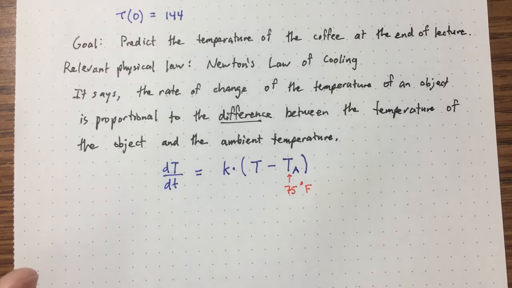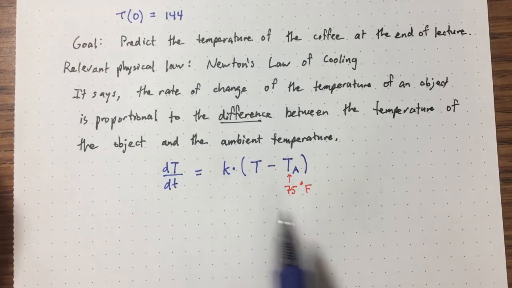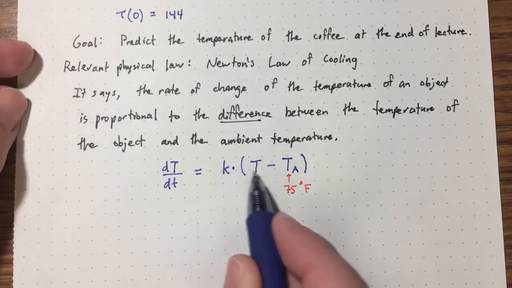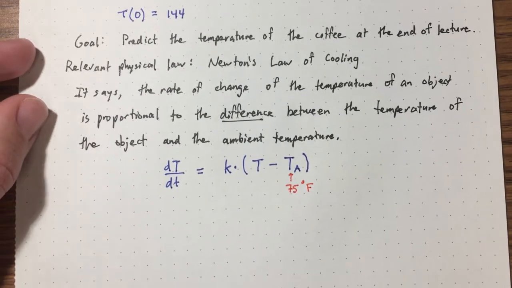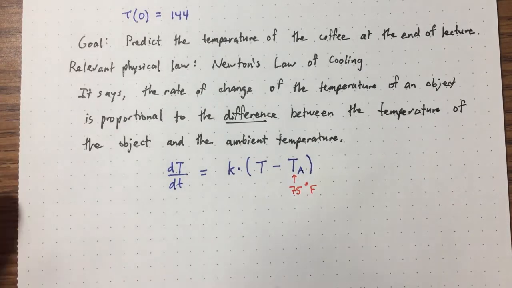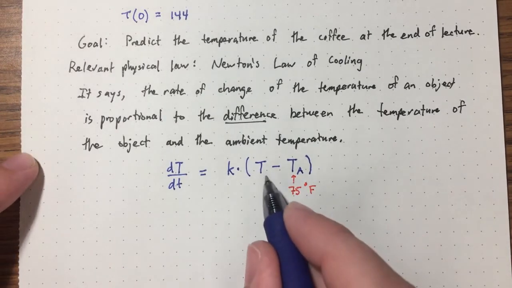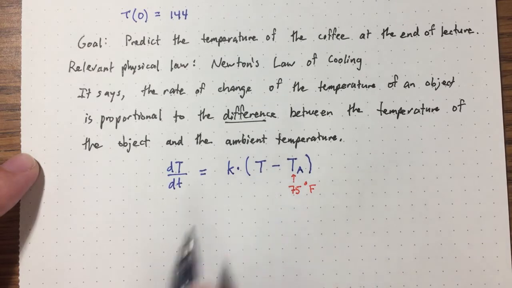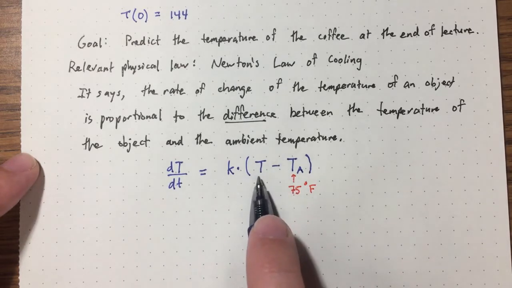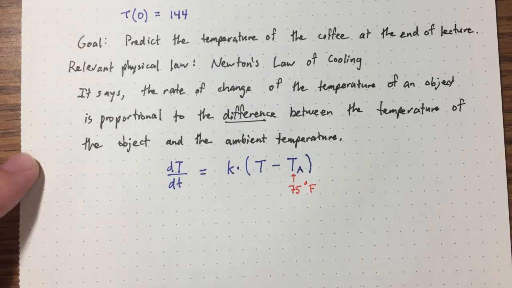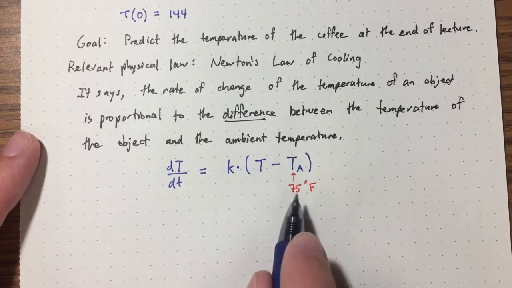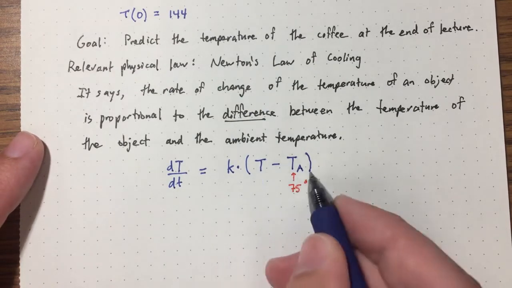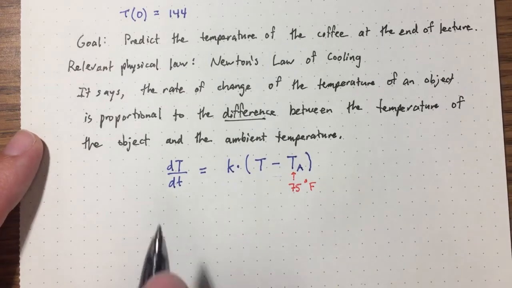And there's one thing I may or may not need to change. So again, should I have it in this order or the opposite order? So let's actually think about this. And here's how you'd think about it. Okay, so let's say that our initial temperature of the coffee is hotter than room temperature, which it is in our case. So let's say this capital T at time 0 is going to be greater than 75, which means this is going to be a positive number, right?